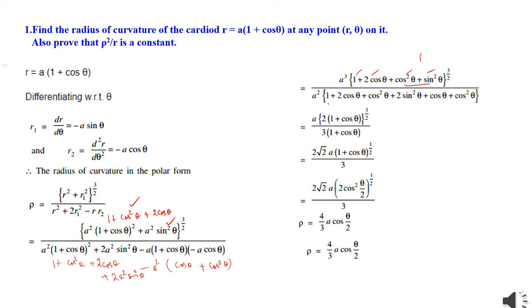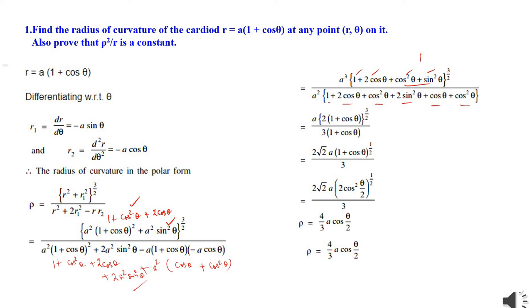You have 1 plus cos square theta, 2 cos theta, and then a square is taken out. So 2 sin square theta is there, and here cos theta plus sin square theta. Here already one minus sign is there, and here also minus, so you get plus sign. So cos theta and then cos square theta.